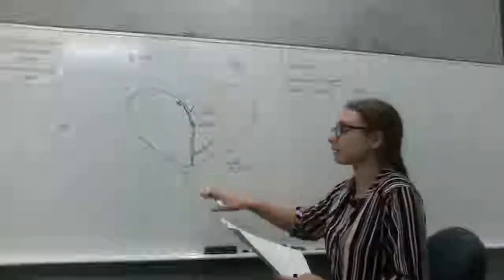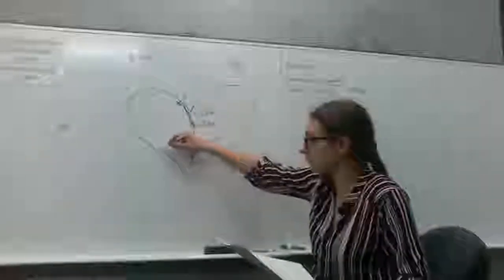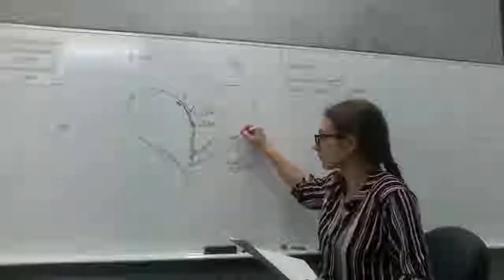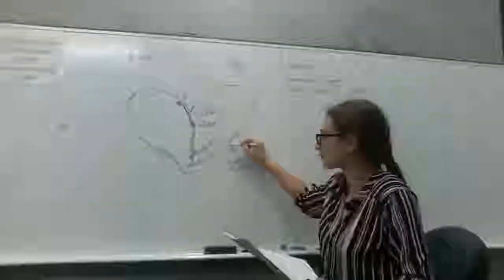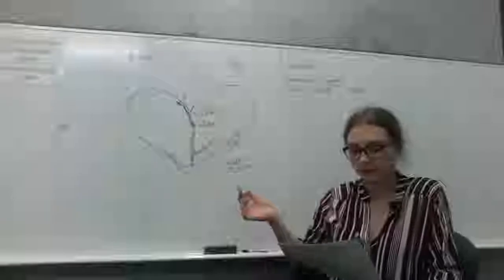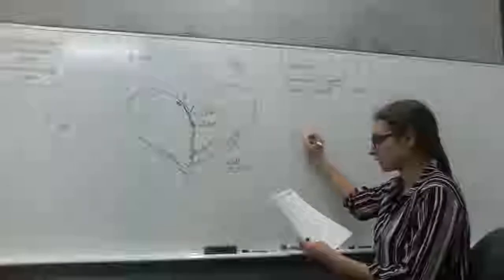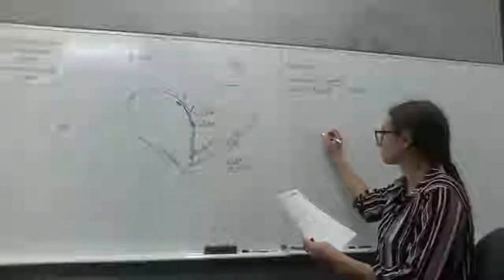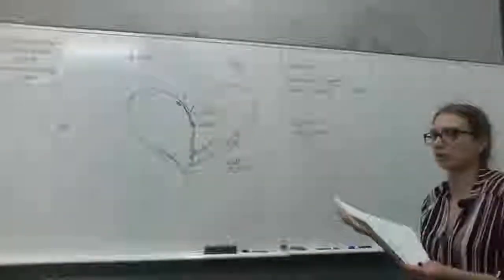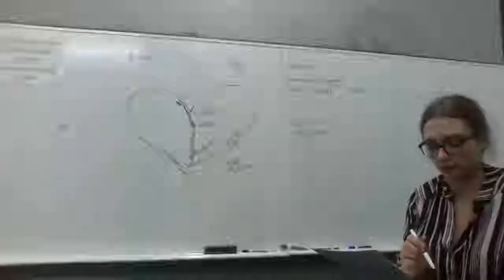From the bundle branches, it then goes to the Purkinje fibers, which are over here too. And from the Purkinje fibers, it then goes to the ventricular syncytium. That usually doesn't come up, but that's the last word on your sheet.